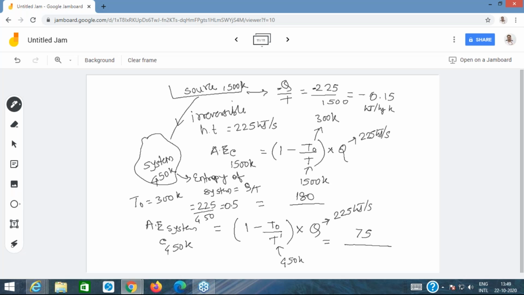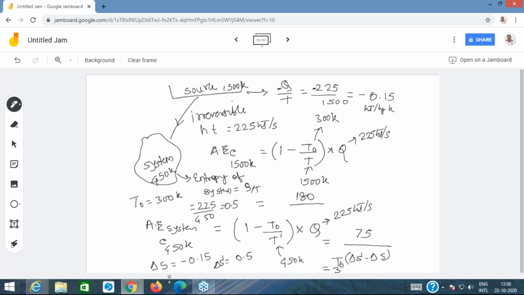So what would be the overall change of the entropy? Delta S would be minus 0.15 and delta S dash would be 0.5. Okay. So T naught into (delta S dash minus delta S) would be what?